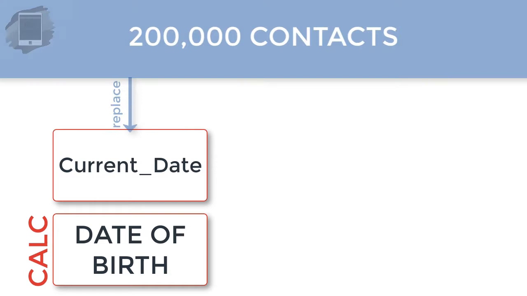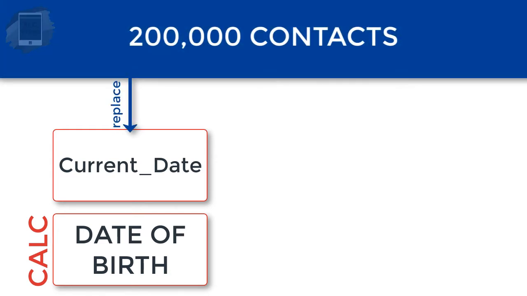Today, it's my birthday. That's why I'm talking about this, because it's my birthday. I'm 18 years old, and plus some, so my age will change today. If you want to optimize your code, let's say you have 200,000 contacts and you want to update only the people with the age changing today.